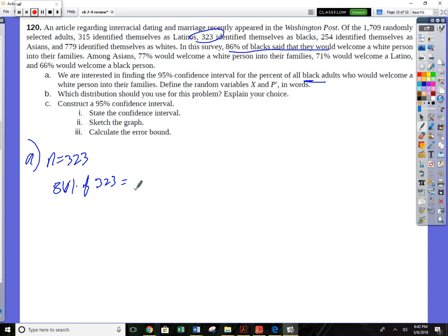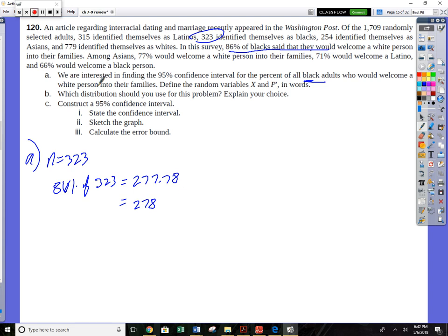So you just times them together. Okay, that is 277.78. So I'm going to round that up, and I'm going to say 278 blacks said they would marry somebody or welcome a white person in their family.